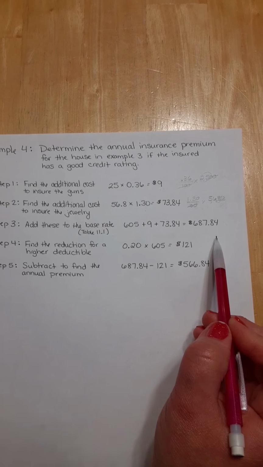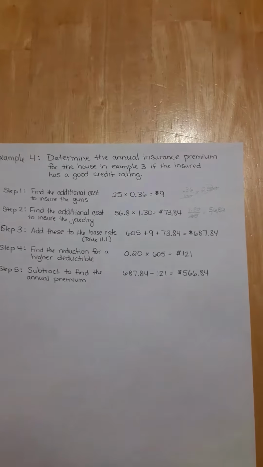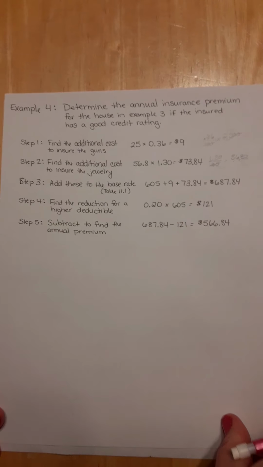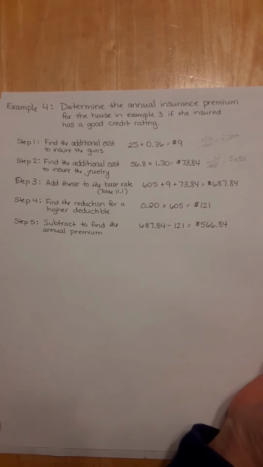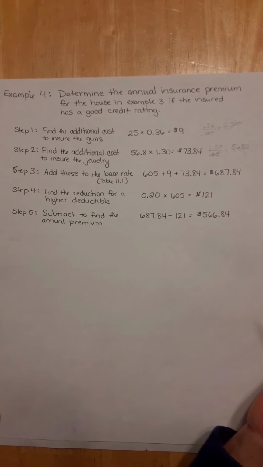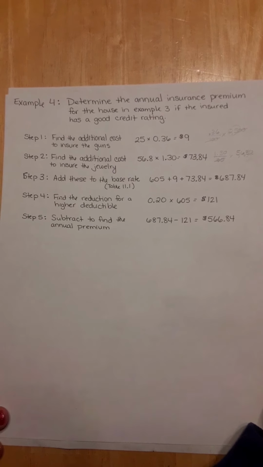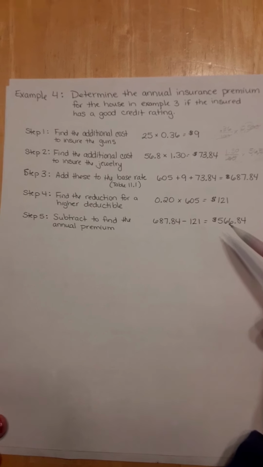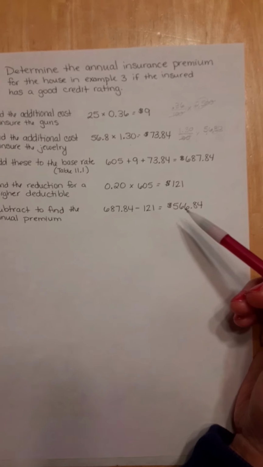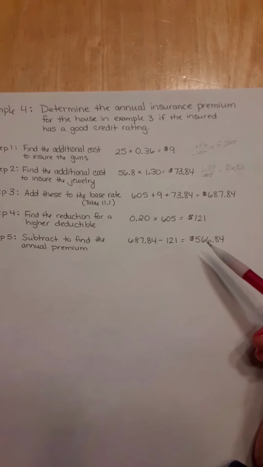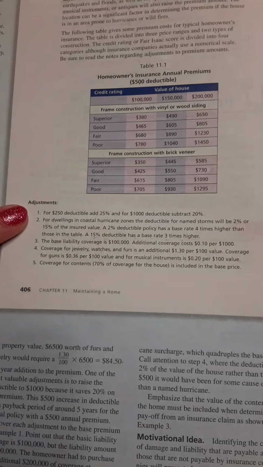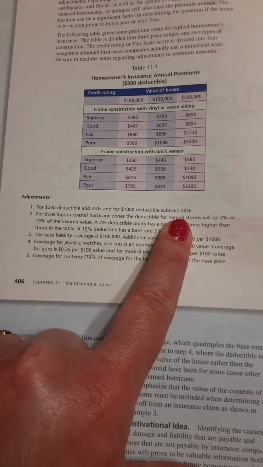Okay, now it says that we want a reduction for the higher deductible. Remember in our example, they had a $1,000 deductible. That's not the norm. $500 is our norm. So because the family chose to have a higher deductible, they actually get a reduction for that. And if you look at the problem at the beginning, it says for that $1,000 deductible, we get to subtract 20%.